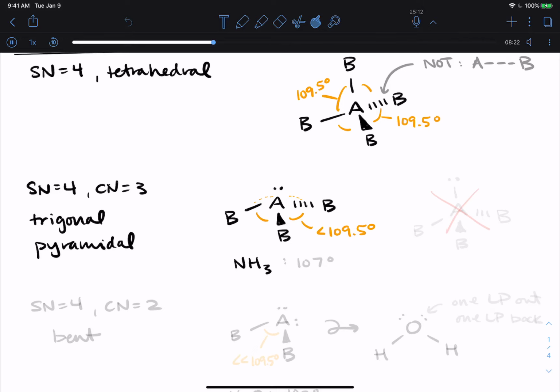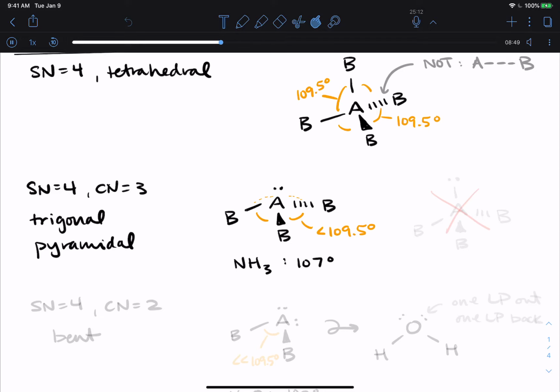If we drew this as a VSEPR geometry, it would be trigonal pyramidal. And it might be one of the examples, but I'm sure it comes up in a practice problem. And if not, you have the skills to put this together. The bond angle in NH3 is 107 degrees. So you can see it's squished, but just by a little bit. So about 2 degrees in NH3.